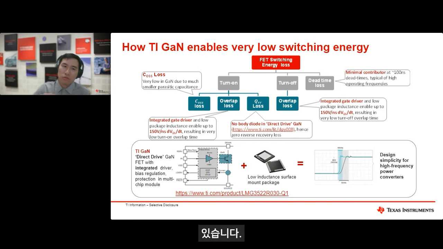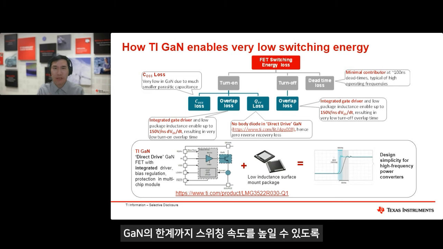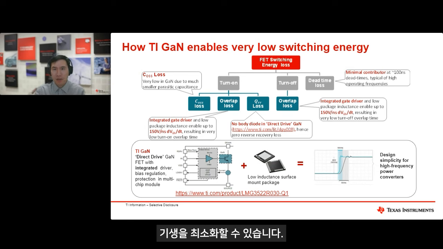The benefit of GaN is that you have very small parasitics so that you can switch very fast. However, when you switch fast, the parasitics become a big concern for noise-free operation. By having this integration, you can minimize the parasitics so that the switching speed can be pushed to the limit of GaN.